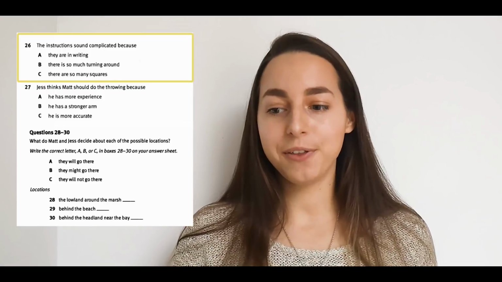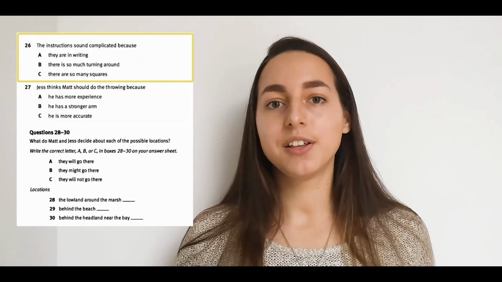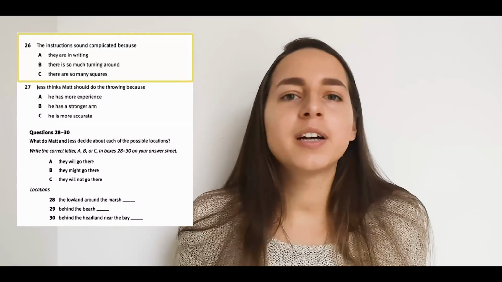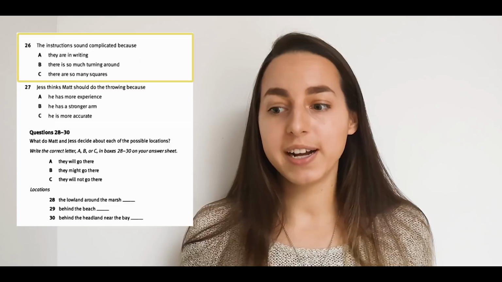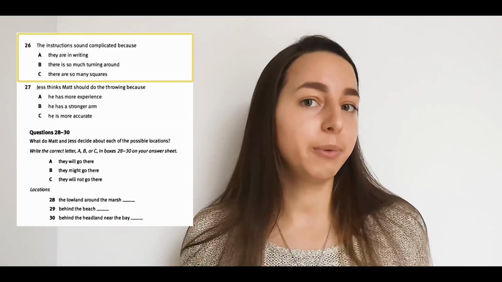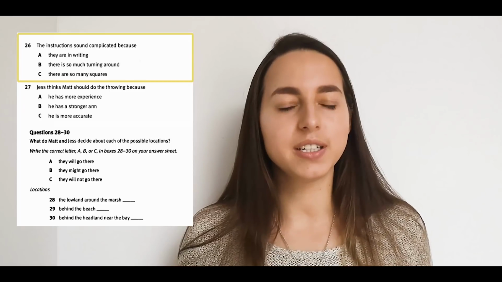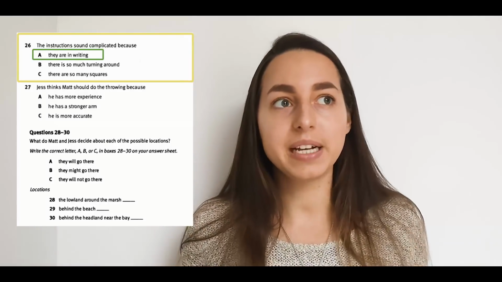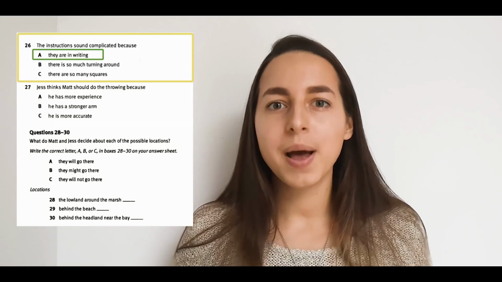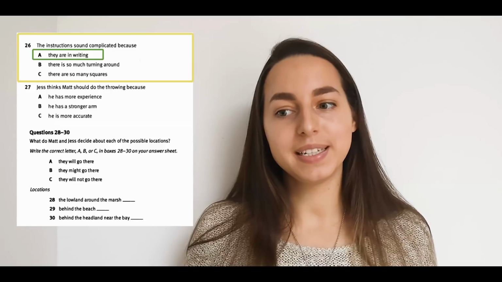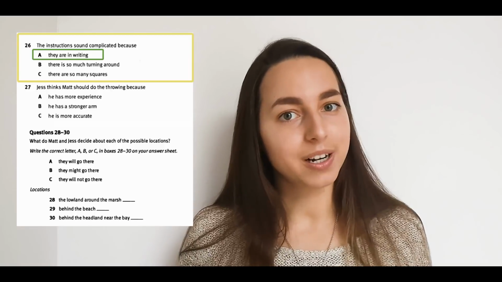And actually, Matthew, when he hears that Jessica says that the instructions are complicated, says that's only because it's all in writing, right? It's just a simple throw, turn, until we have 10 squares. So the instructions initially sound complicated just because they are in writing. Because when you think about them, they become a little bit more clear. And therefore, for question number 26, option A is the correct one.